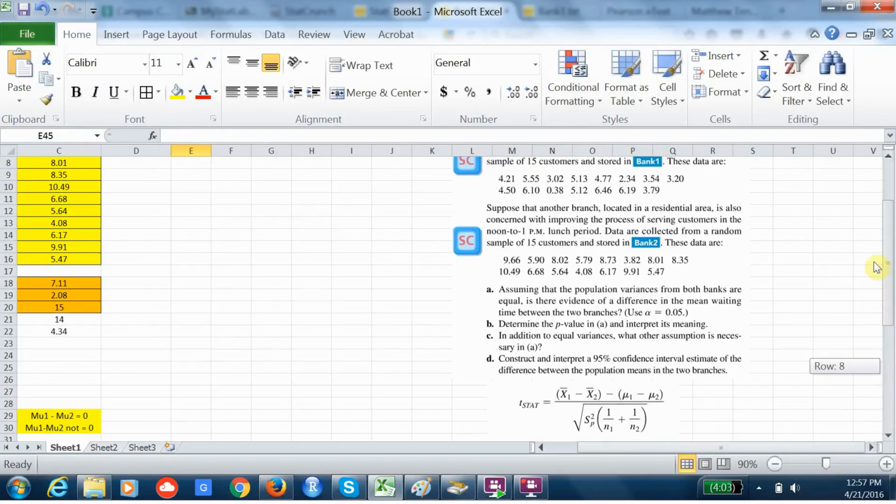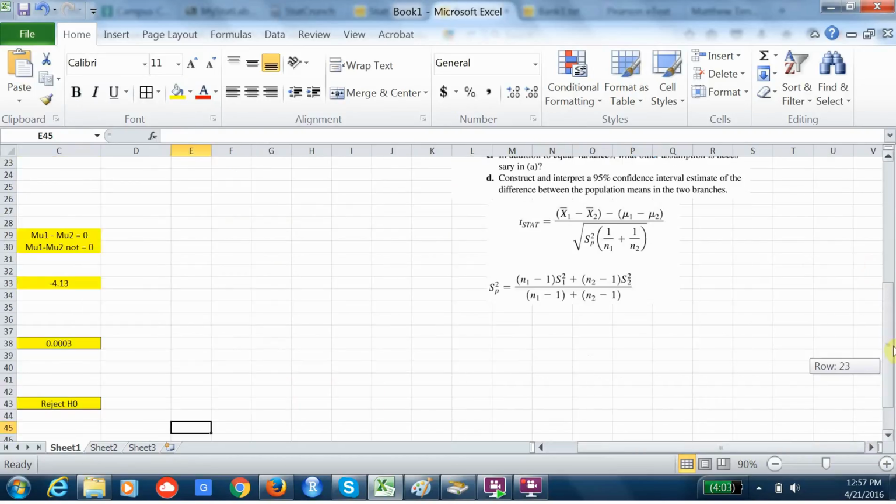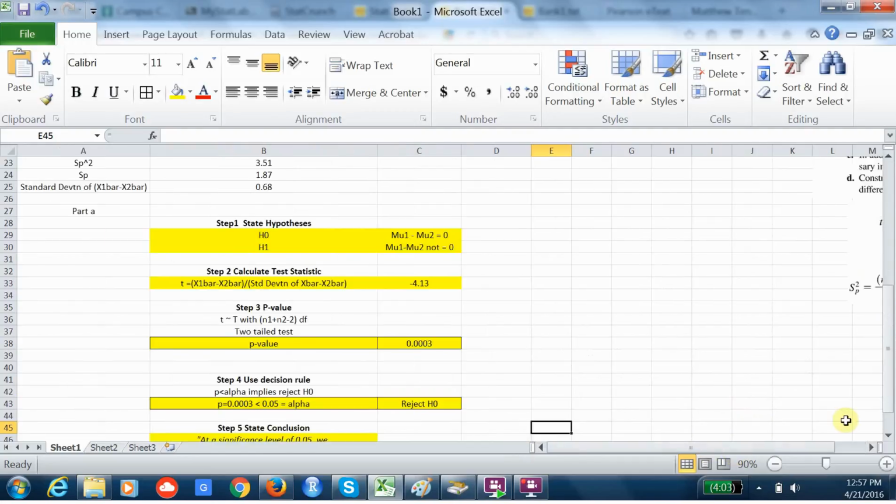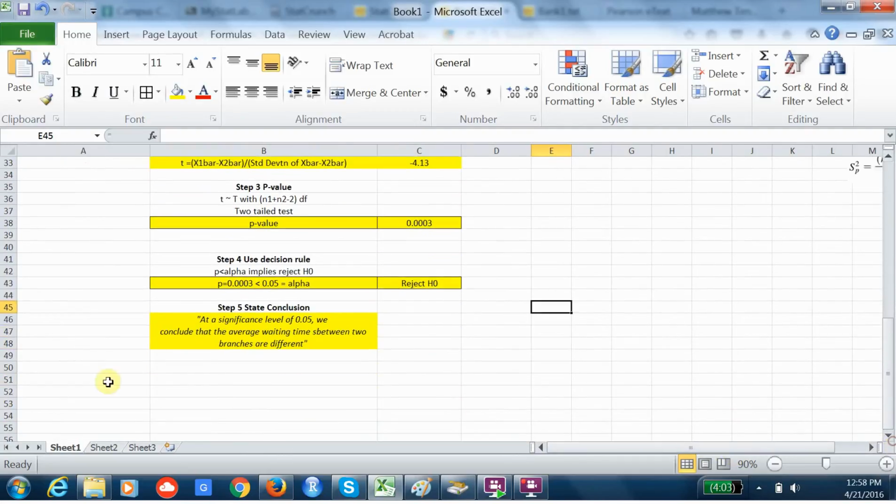In B, it asks, determine the p-value and interpret its meaning. So the p-value here is 0.0003.